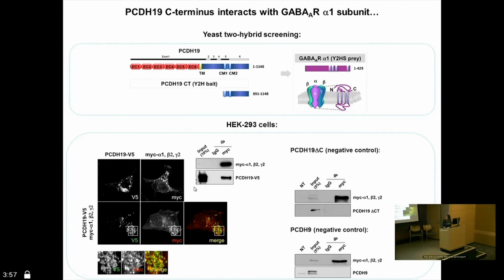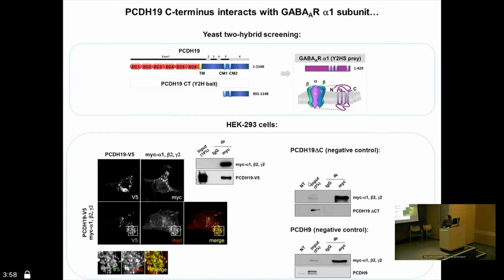And here you can see that the overexpressed protocadherin 19 co-localizes very well with an overexpressed alpha-1 subunit of GABA A receptors, and also co-immunoprecipitates very well.